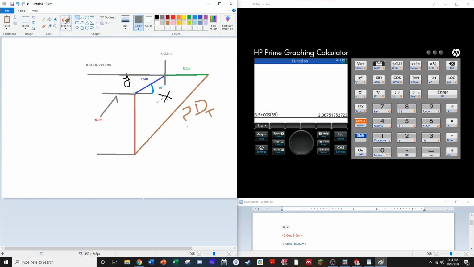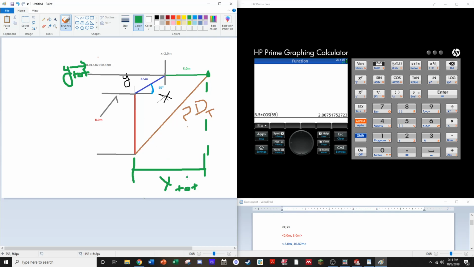at this endpoint. My bad, guys. I'm making all kinds of mistakes tonight. At this point right here, what's this x value? Because it goes all the way back here. So it's your x total, and this here is your y total, because that's the max height it gets to.